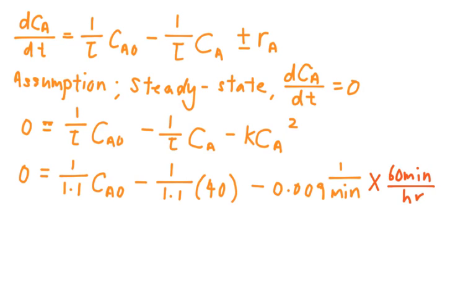If you convert it, you get 60 multiplied by 60 minutes to 1 hour. Lastly, multiply by your concentration that is given as 40 squared.